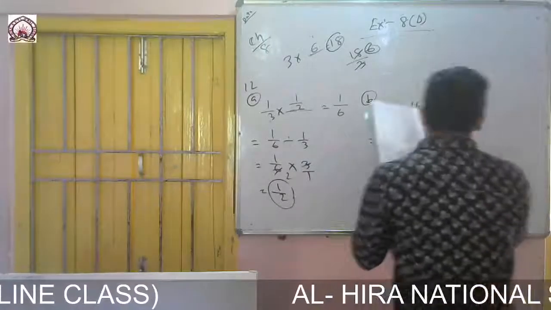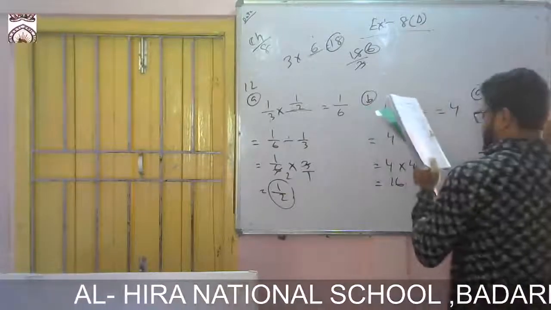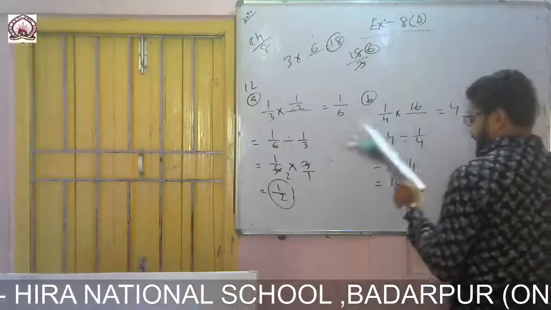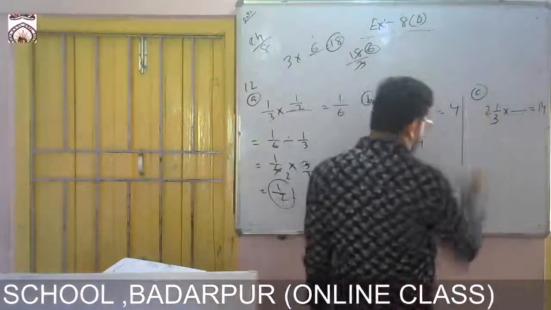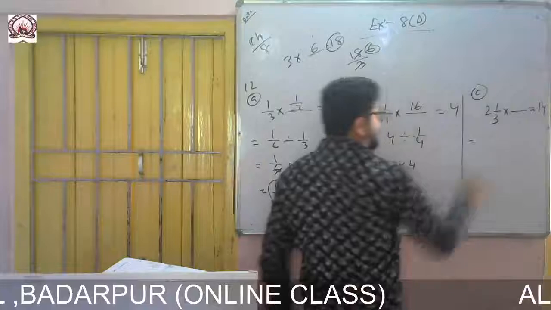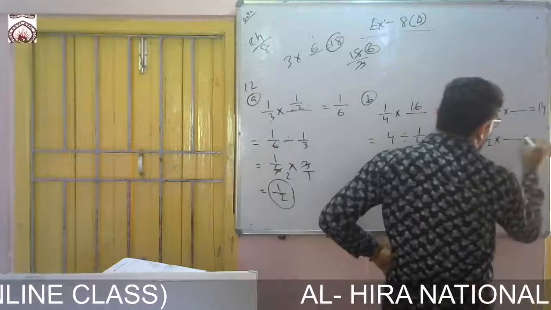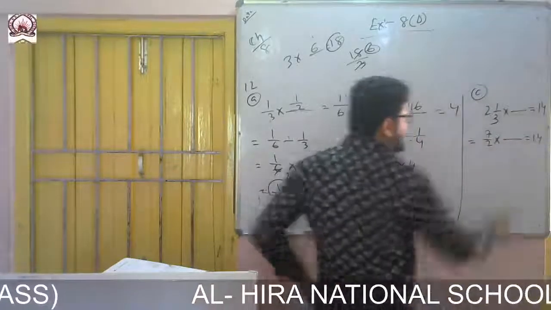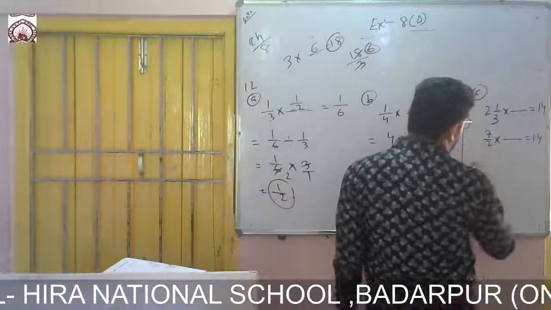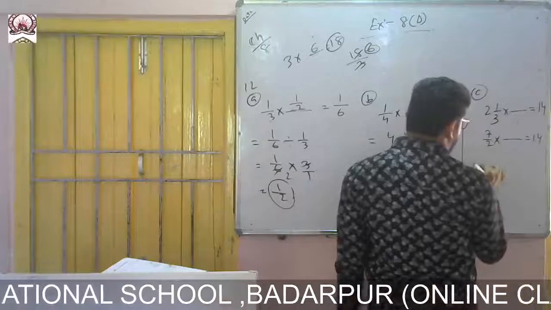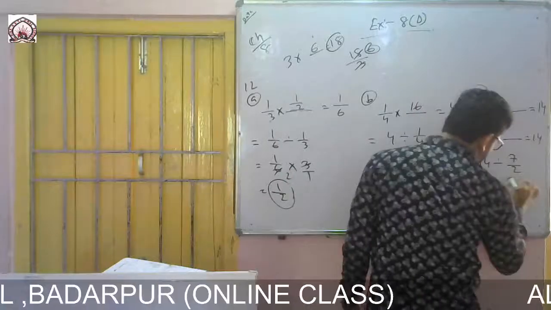In C, what is there? 2 1 by 3 into dash equals 14. So it will be like this. Break this first. 3 2s are 6 and 1 is 7, so 7 by 2 into how much will we get 14? Now divide: 14 divided by 7 by 2 will be 14 into 2 by 7.